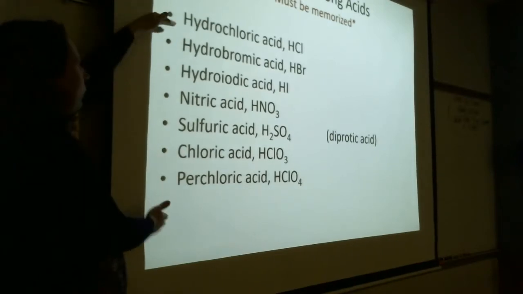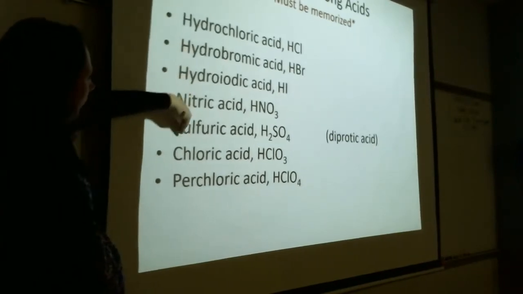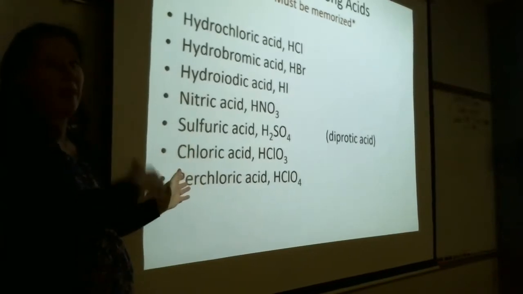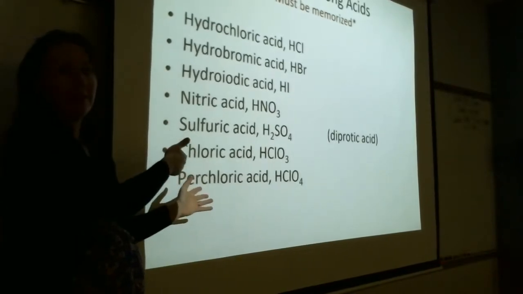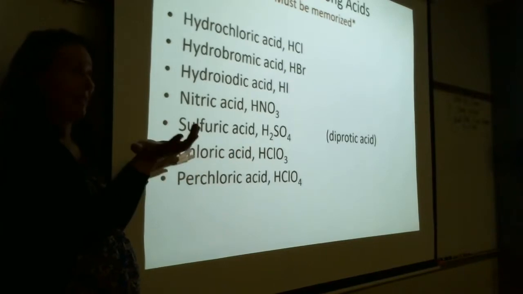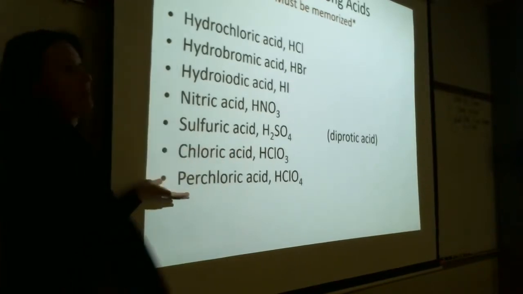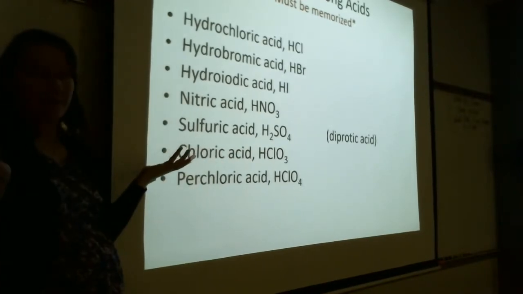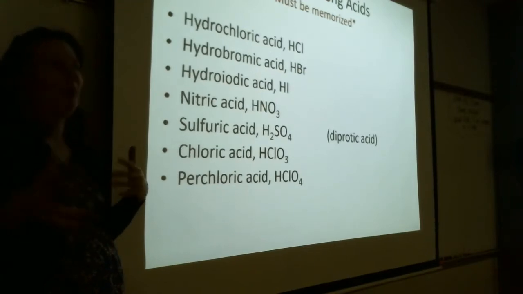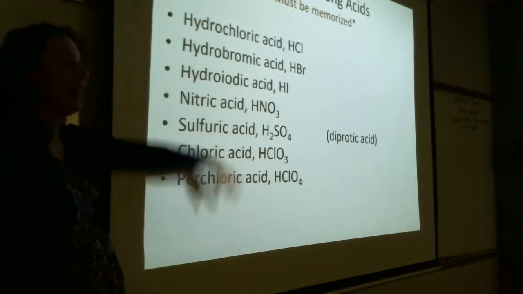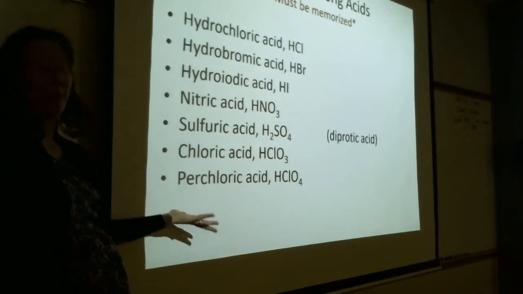So if you can memorize these 1, 2, 3, 4, 5, 6, 7 acids, then anything that's not on this list is a weak acid, right? If it's not on this list, it must be a weak acid, or a base. Worry about bases later. If it's not on this list and it's an acid, it's got to be weak.